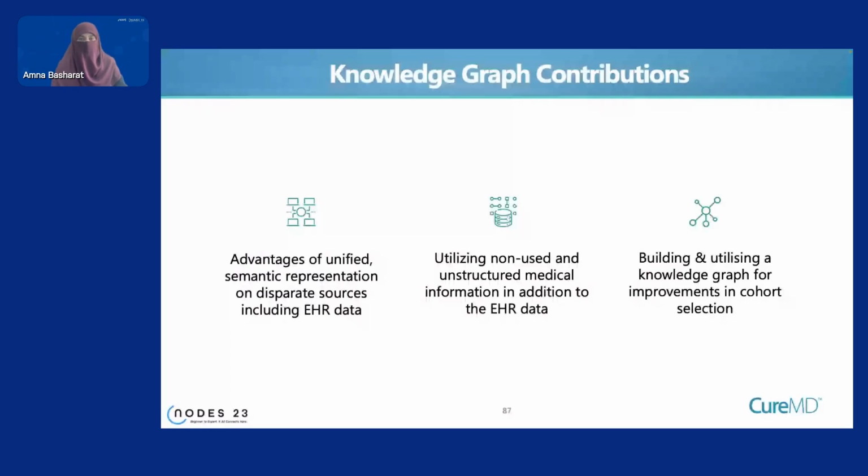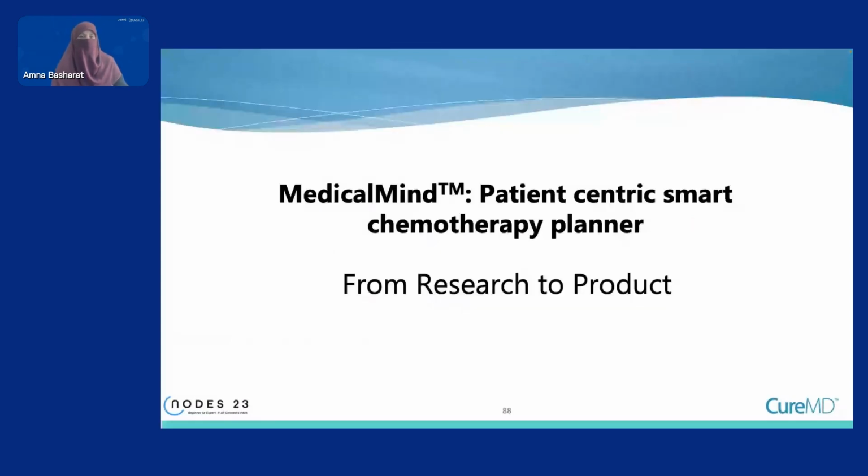I'm going to conclude my presentation by spending a few minutes talking about the Medical Mind product that this knowledge graph is part of, which is basically a patient-centric smart chemotherapy planner, which has made its way from research to product. This is a way of impacting predictive medicine based on real-world evidence.